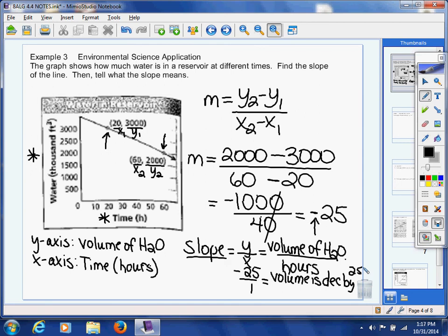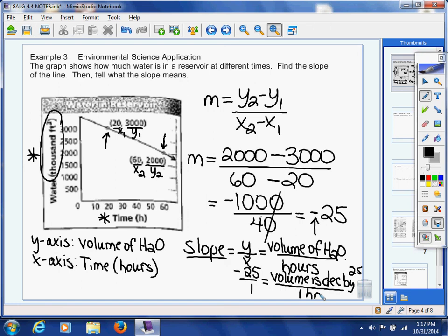Actually, it says here 25,000 cubic feet. If you read the y-axis here, that's what it says, 25,000 cubic feet. It's losing that much every single hour. That's what the 1 means, the 1 hour. Every hour, the reservoir is losing 25,000 cubic feet every hour, okay?